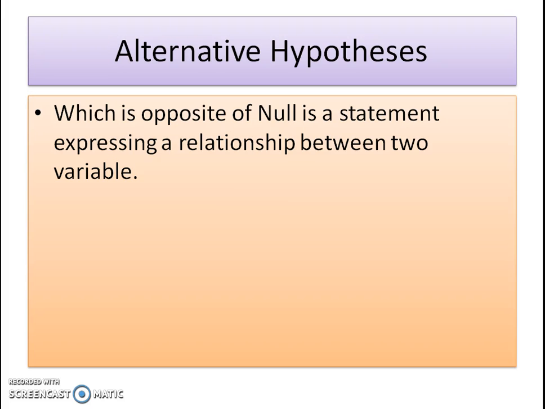The absolute opposite of the null hypothesis is expressed by the alternate hypothesis, such as there is a positive relationship between two variables, or there is a highly significant relationship between two variables. These kinds of statements show the null hypothesis and alternate hypothesis for the same study.